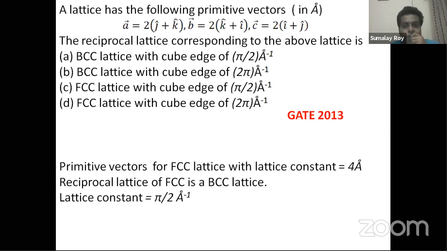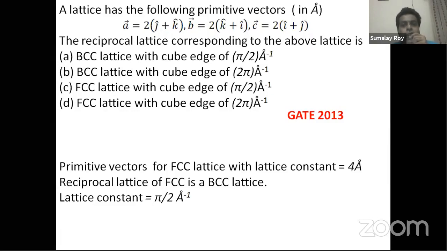Very good. So you see, these are very simple problems, and this kind of problem actually appears in all the exams, public exams, GATE, NET, and all these things. All you have to have is the idea. If you don't have the idea that this is an FCC lattice given, a equal to 2j plus k, then you have to apply those formulas, b1 equal to 2 pi times a2 cross a3 divided by a1 dot a2 cross a3.